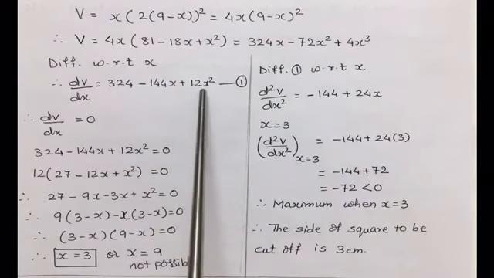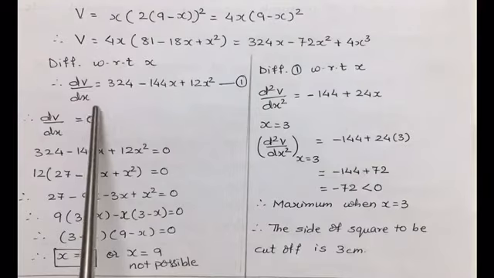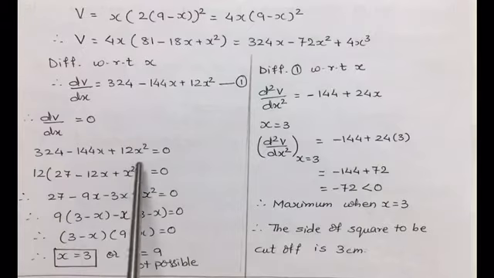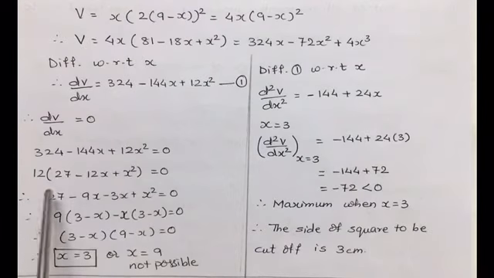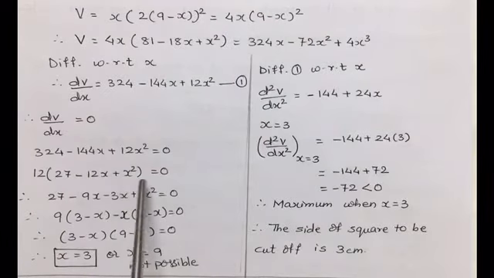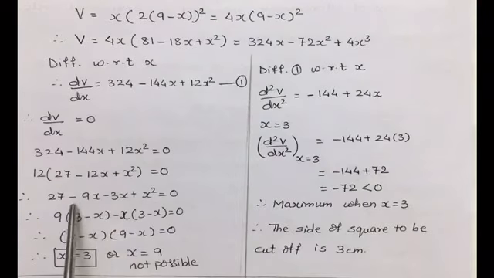Now to calculate the value of x, dV by dx is taken as 0, equating it to 0. Taking 12 common, inside the bracket remains 27 minus 12x plus x square equal to 0. 12 goes this side, becomes 0. Factorizing the expression by splitting the middle term, we get (3 minus x)(9 minus x) equal to 0.